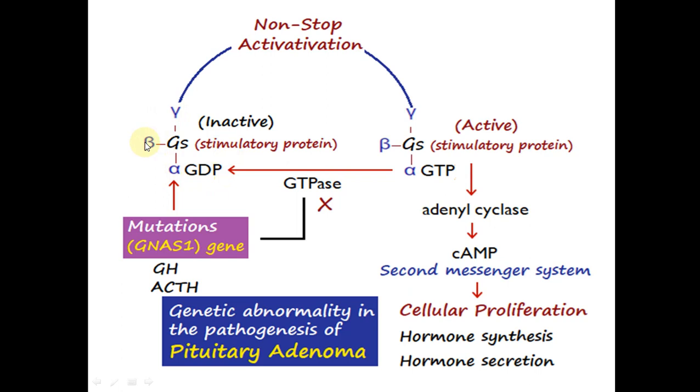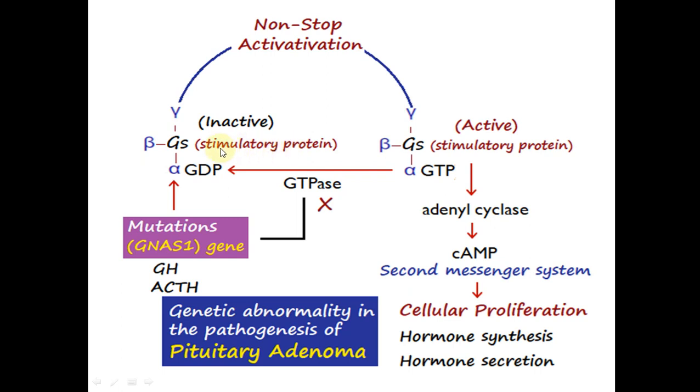So it is active only when the receptor protein is stimulated by hormones like growth hormone and ACTH. When stimulated, it will become activated and will activate the second messenger system to perform the desired functions. As soon as the GTPase enzyme converts GTP into GDP, the protein becomes inactive again.